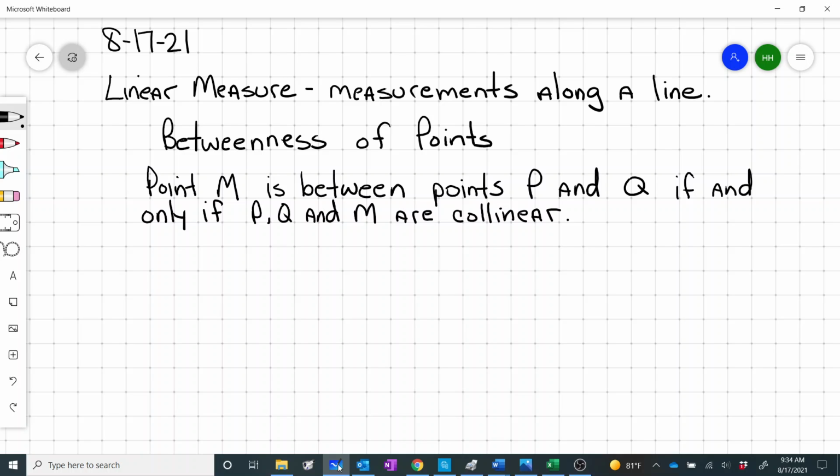Does anybody remember what it meant? Very good. On the same line. Collinear means on the same line. Non-collinear would mean not on the same line.